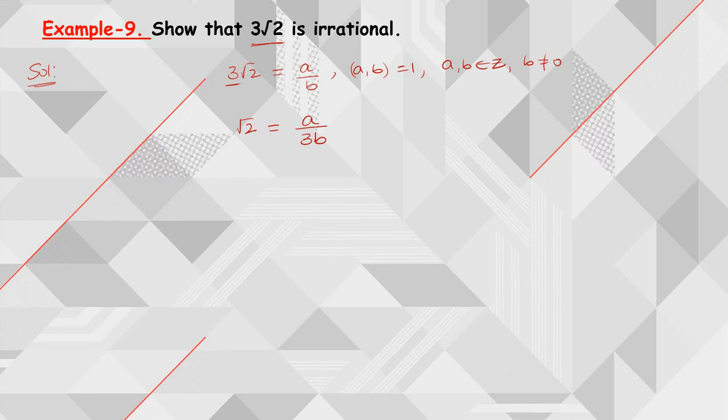Now if you observe this, already we know that the left hand side root 2 is irrational, and on the right hand side, what do we have? a is an integer, so 3 times an integer is also an integer, so integer by integer, which is nothing but a rational number. So from this clearly we have irrational is equal to rational. So this is never possible, right?